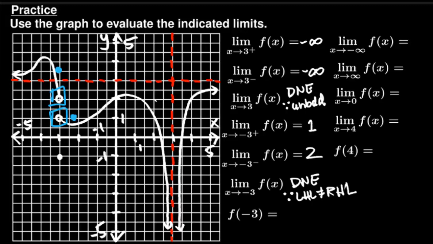Okay, so what about f at -3? Exactly at -3 is just going to be that point. That's -3, comma, -1. So what this equals is -1. Okay, so let's look at limits toward infinity then. As x approaches -infinity, what happens to the function?